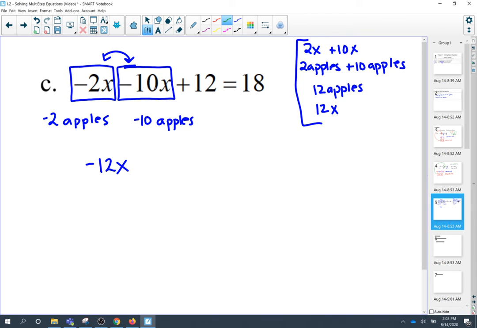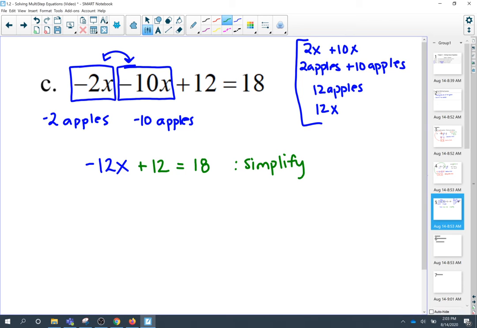So these are apples, these are oranges, and yes, they're all fruit, but he's just going to stay over there and have his own little pile of oranges. Equals 18. So on this one, we simplified the left. You can't simplify the right. So the justification I'm going to put right here is just simplify.